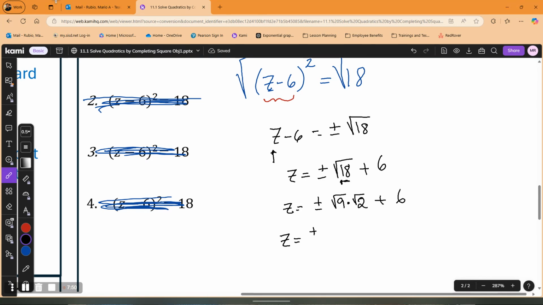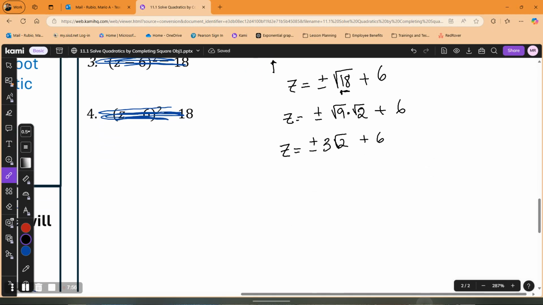Z then equals plus or minus 3 square root of 2 plus 6. So the two solutions that I'm going to have here: basically we have two solutions, one for the positive side, one for the negative side. So that's one solution, z equals 3 square root of 2 plus 6, and our second solution is z equals negative 3 square root of 2 plus 6.